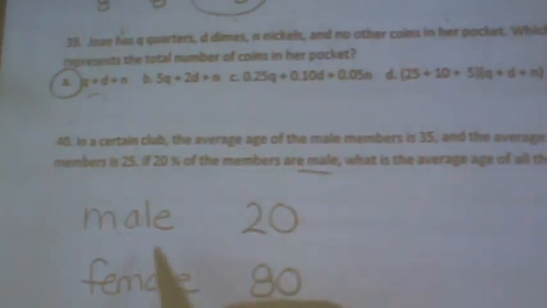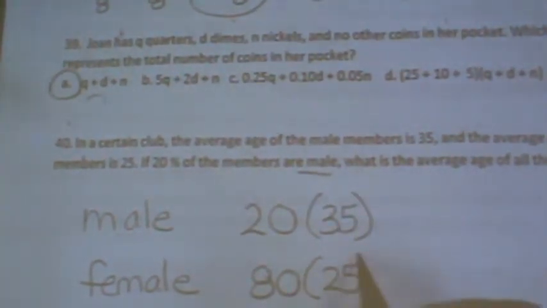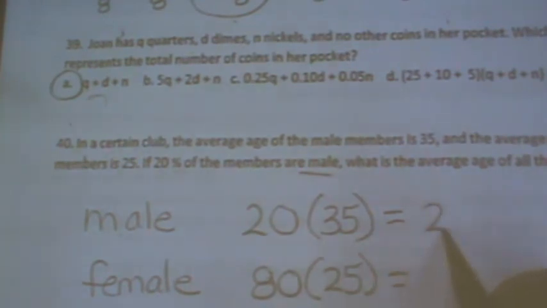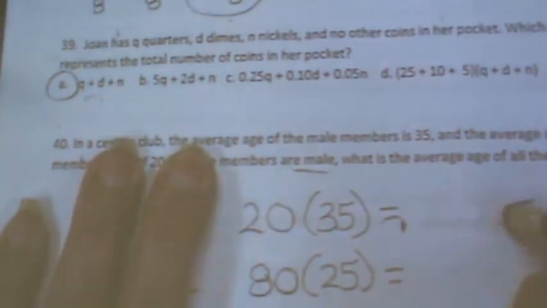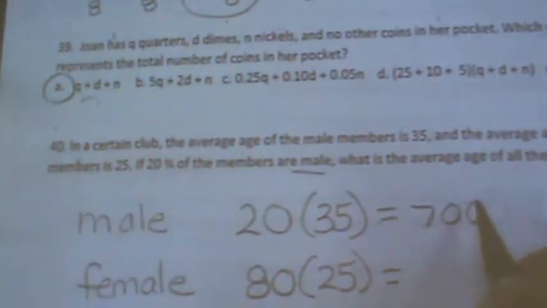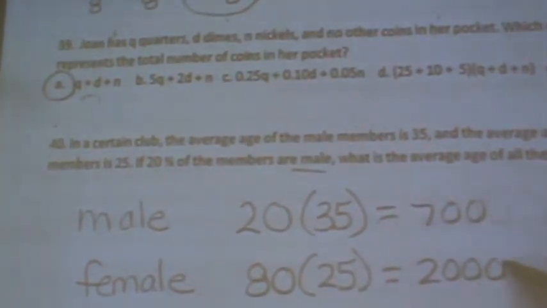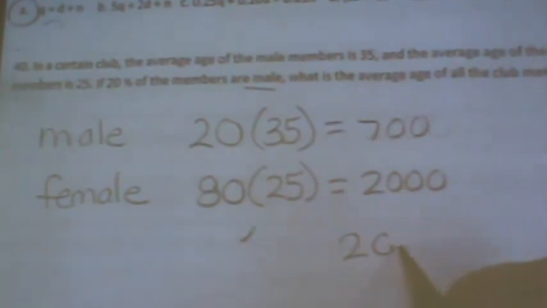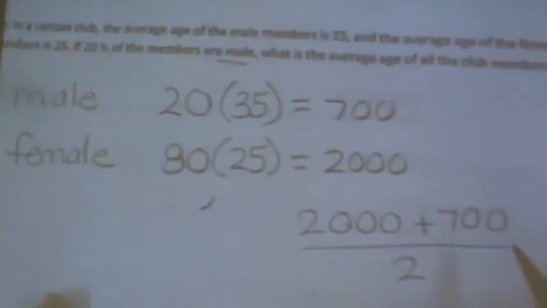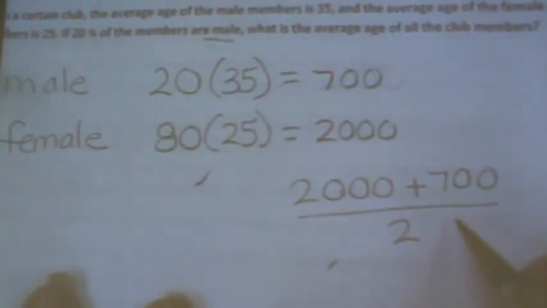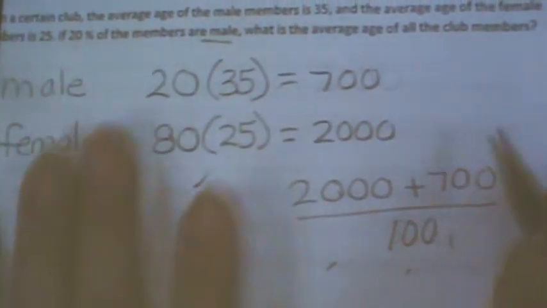It says that the male age is 35 and the female age is 25. If you multiply these, this one you get 700, and this one you get 2,000. So how do you find the average age of these? You add these up and divide by 100, because we have 100 people.